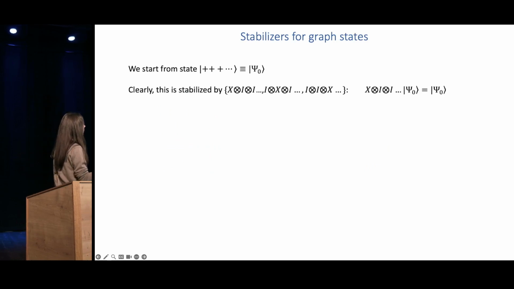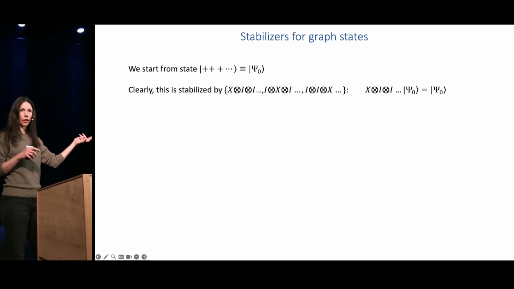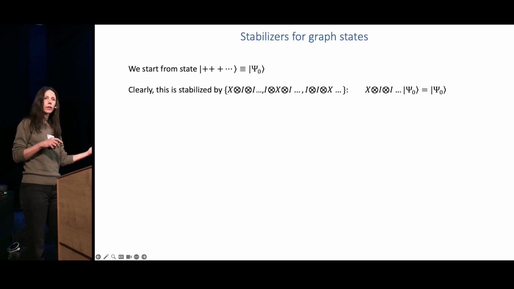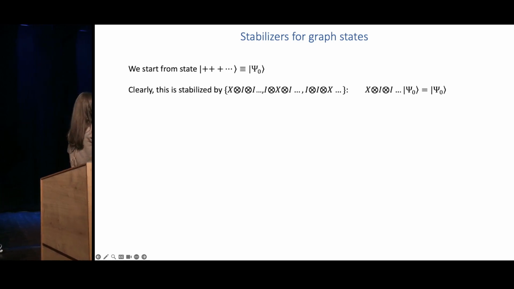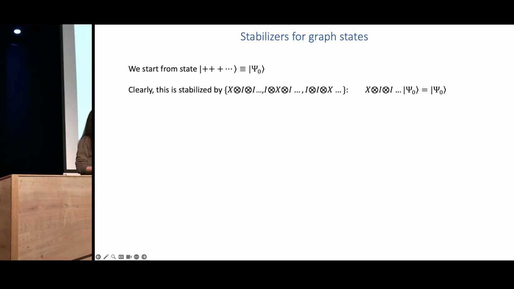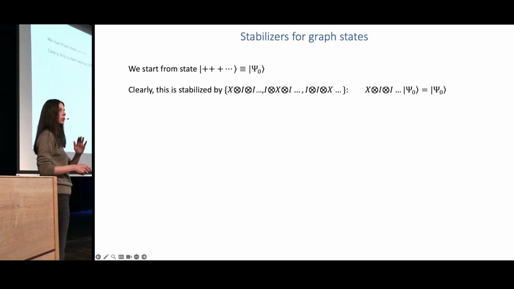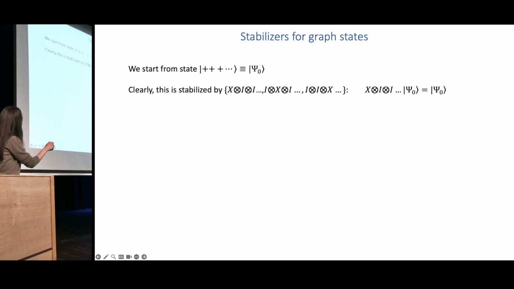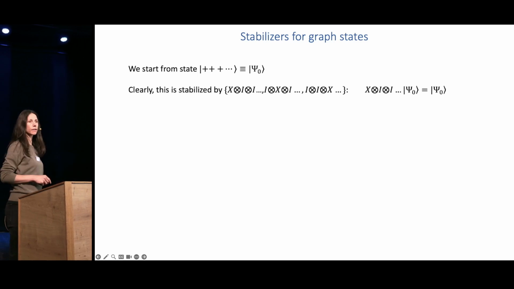All right, let's now go and look at the stabilizers. And again, I told you already what the stabilizers are, but let's see how we can derive them. Okay, so remember the constructive definition of the graph state. Every qubit is put in the state plus. Plus is just 0 plus 1. And the state plus for a single qubit is stabilized by the operator X, right?